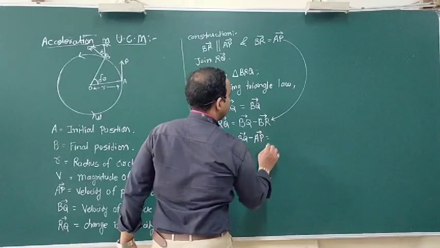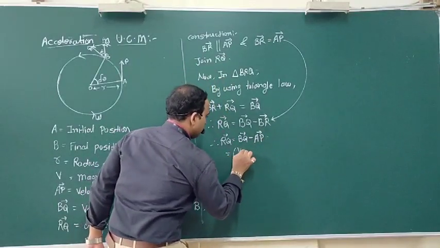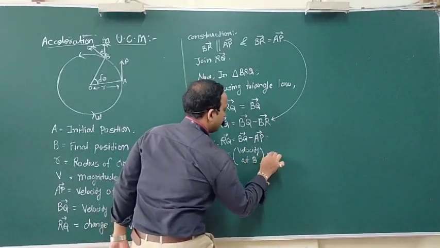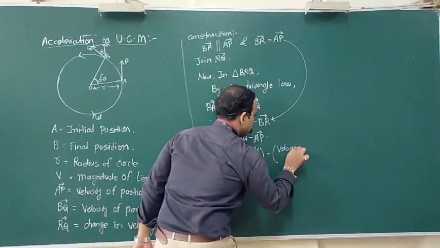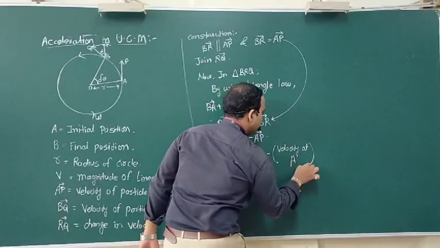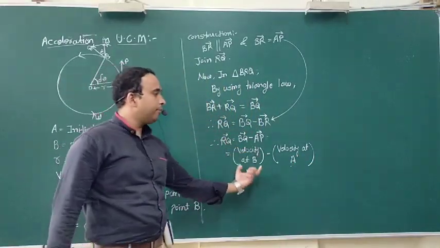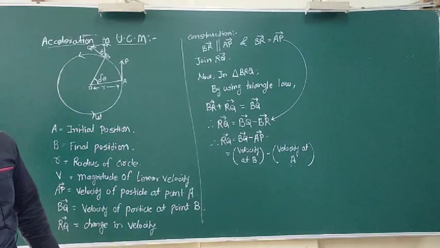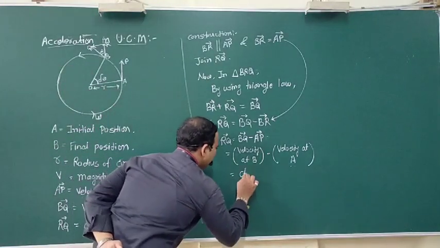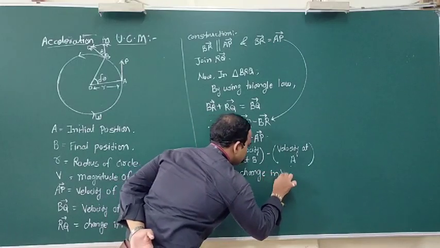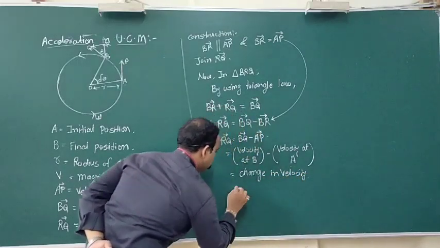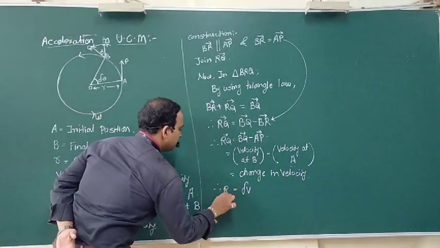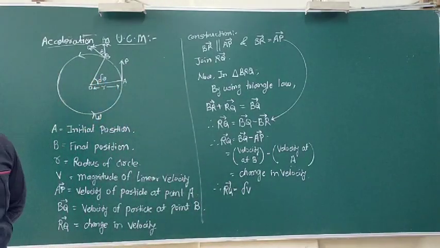So this can be written as velocity at B minus velocity at A, that means change in velocity, delta V. So therefore RQ bar is equal to the change in velocity.